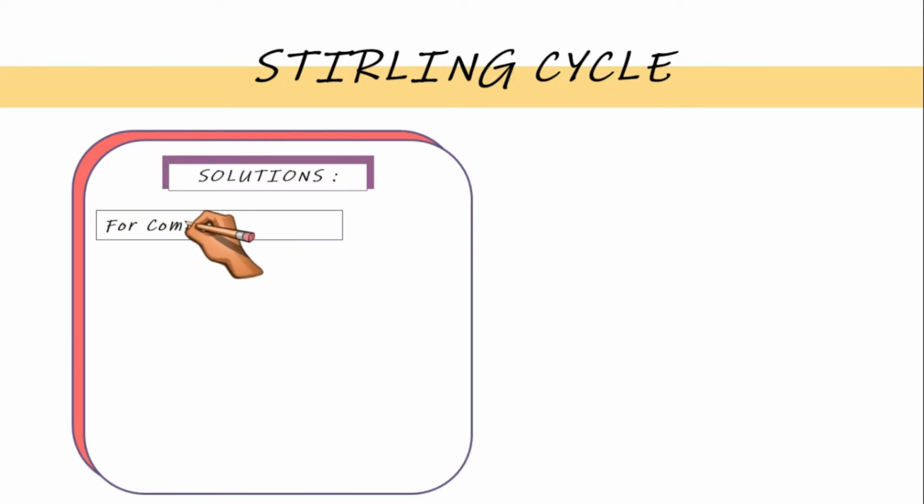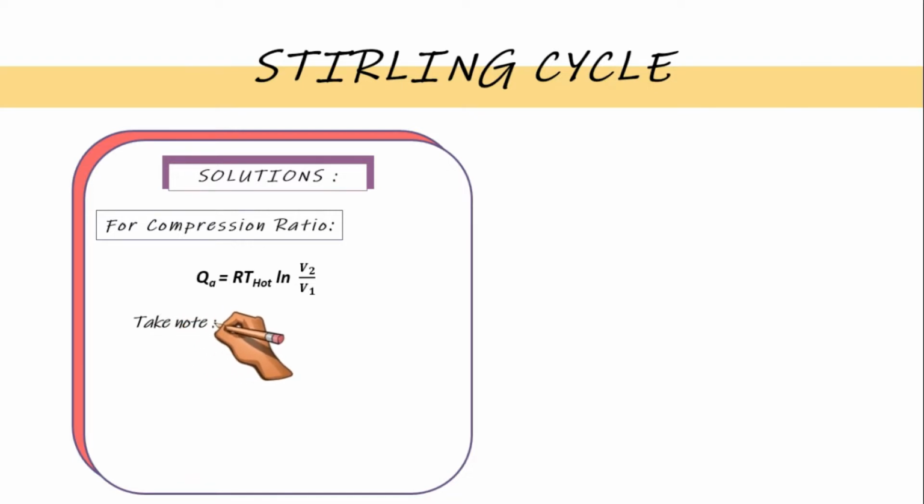Solutions. For the compression ratio, or the RK, first we have QA equals RT hot ln of V2 over V1. R is always constant. Now, take note that RK equals V2 over V1 and RK also equals V3 over V4.